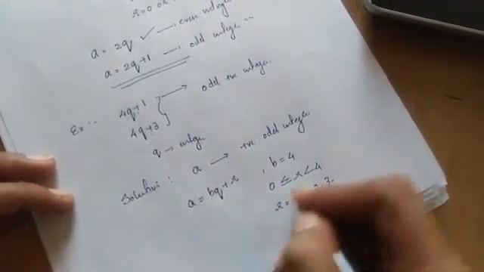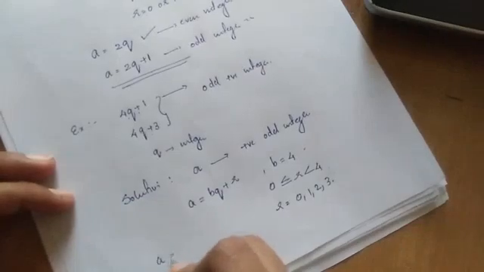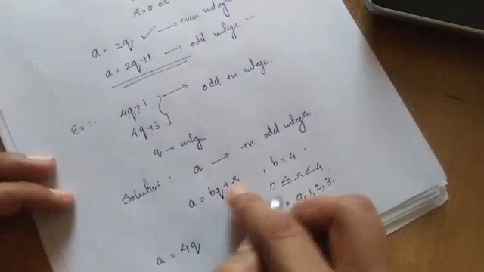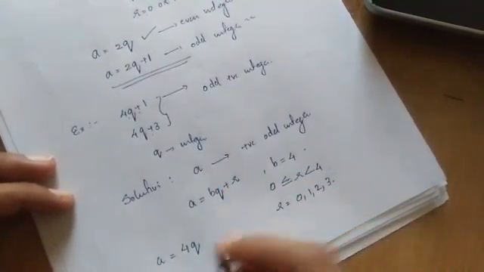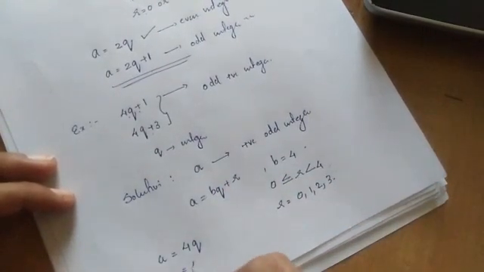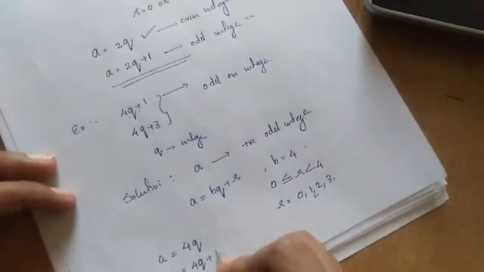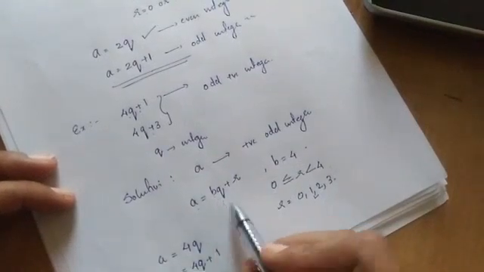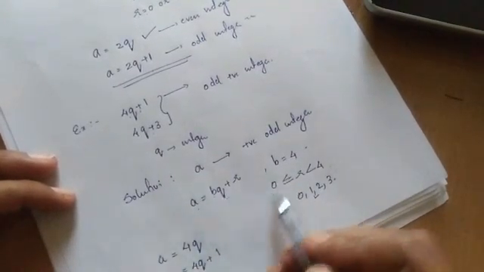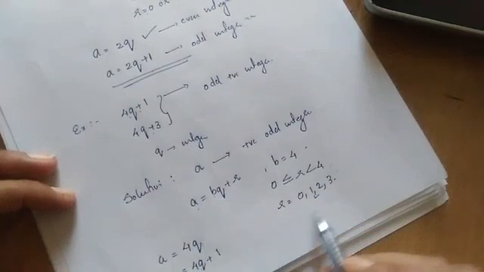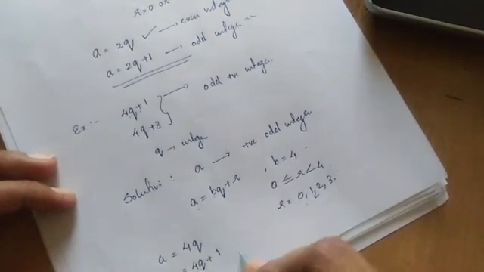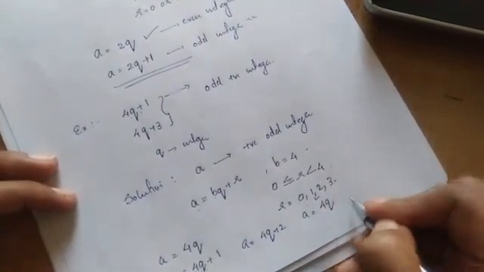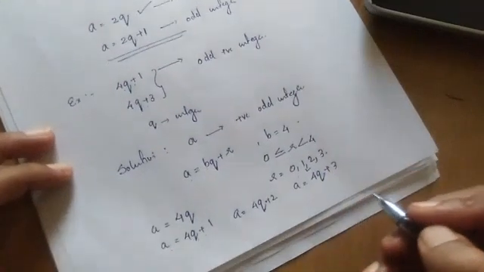Using these values we can write a as 4q plus r. Here the first value of r is equal to 0, so a is 4q. Next, a is equal to 4q plus 1, a is equal to 4q plus 2, and a is equal to 4q plus 3.